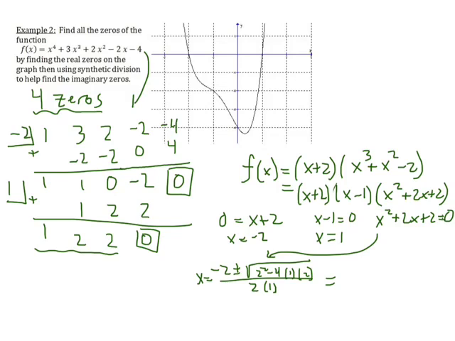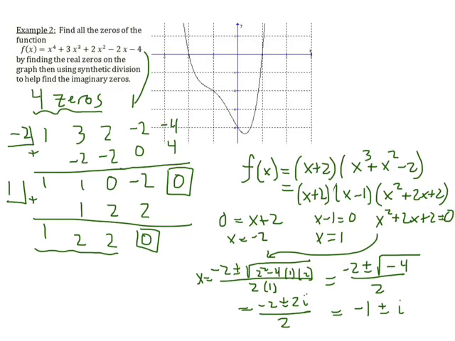That's going to clean up to negative 2 plus or minus the square root of 4 minus 8, which is negative 4, all over 2. And so this is going to give us negative 2 plus or minus, and the square root of negative 4 is going to be 2i. All that divided by 2 gives us, simplify, negative 1 plus or minus 1i.